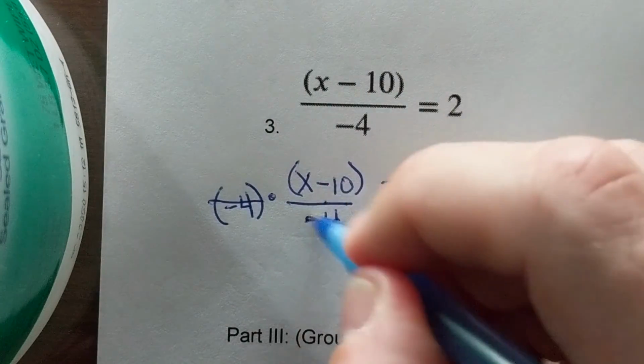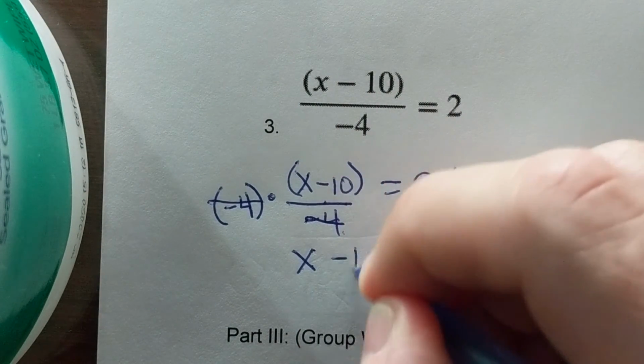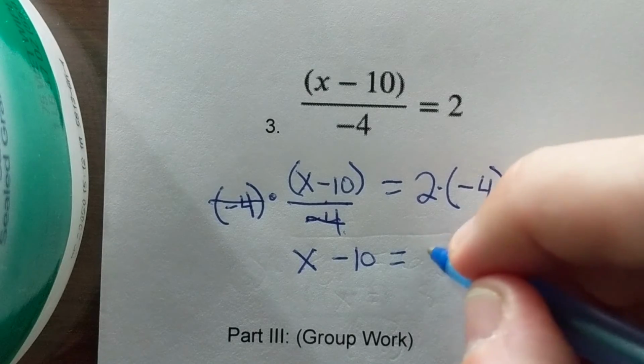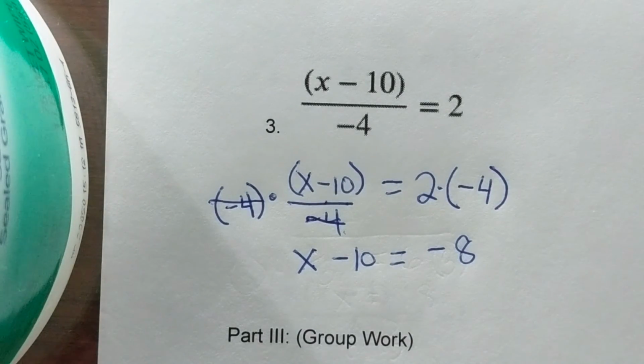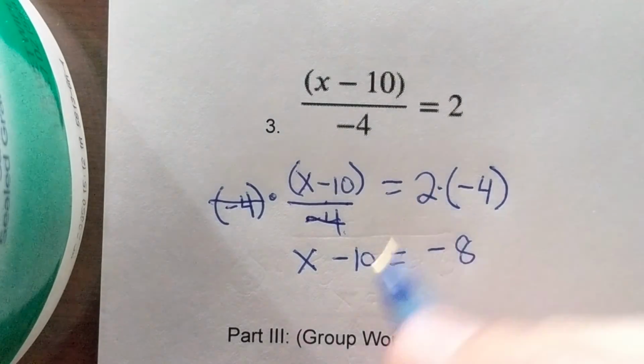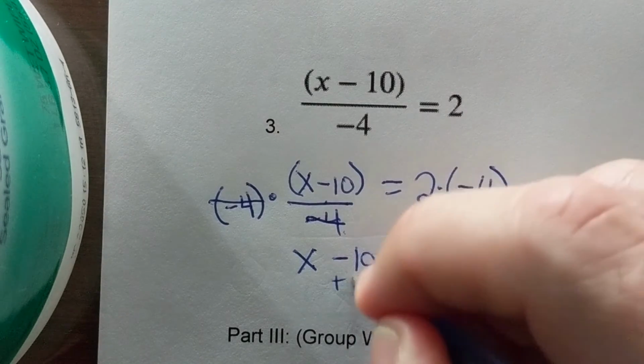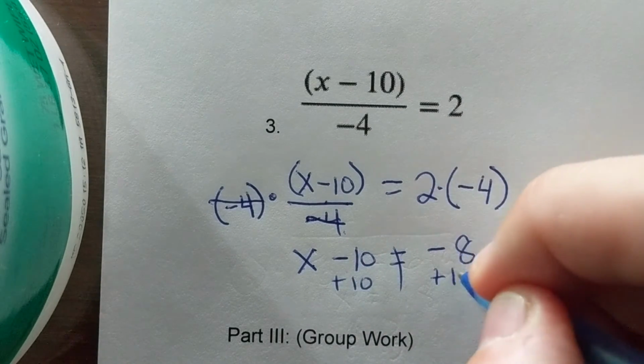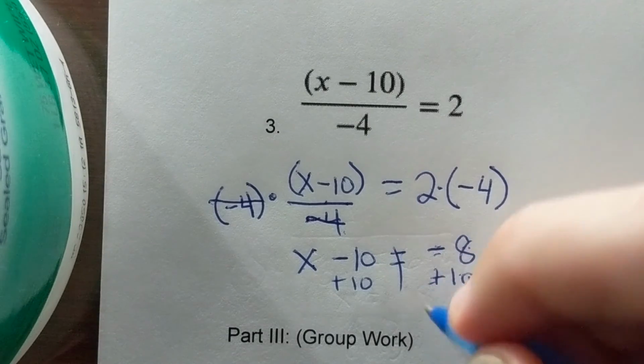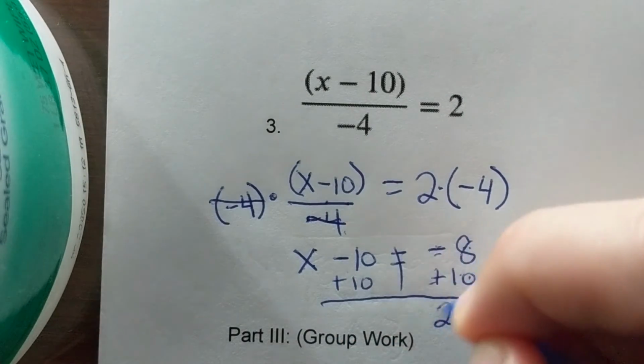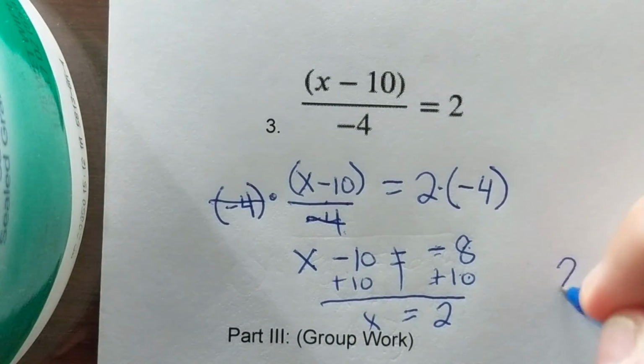Once we do that, now we are just left with x minus 10 on the left and negative 8 on the right. So my final step here would be to add 10 to both sides. And negative 8 plus 10 will give you 2. So 2 will be our final answer here.